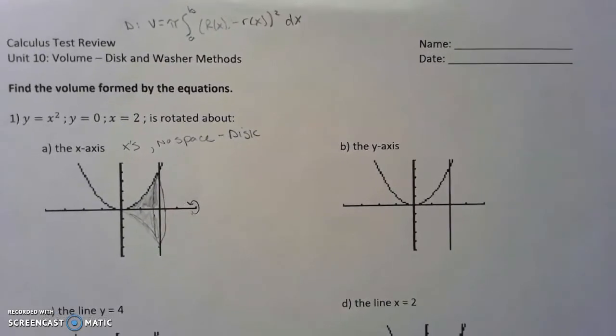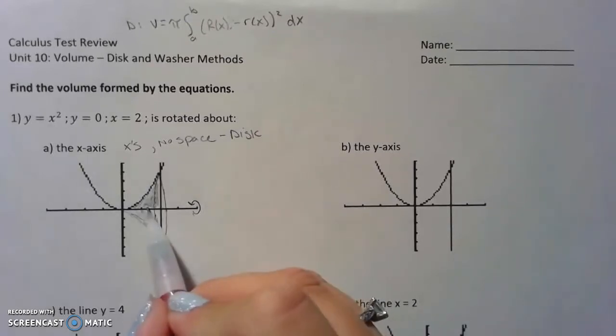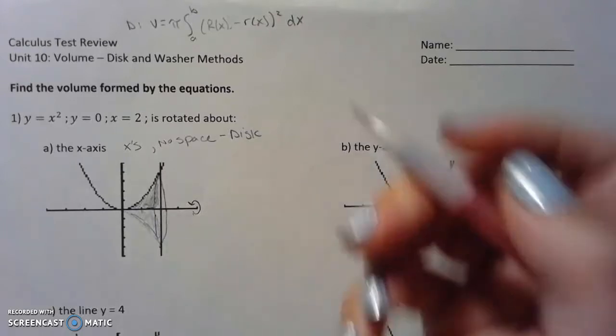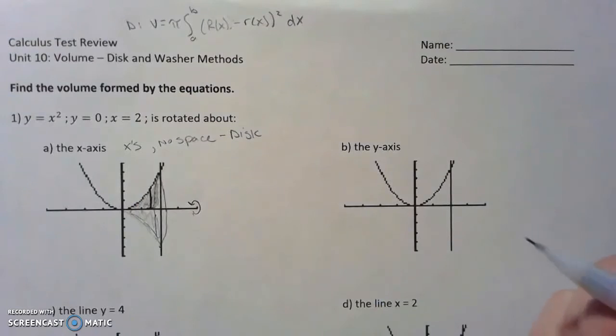So we need to find the radius to the outer function and the radius to the inner function. Because we're revolving it around the axis in which it's touching, I don't really have a radius to the inside because it's going to go from here to here. The radius to the outside is to the function itself.